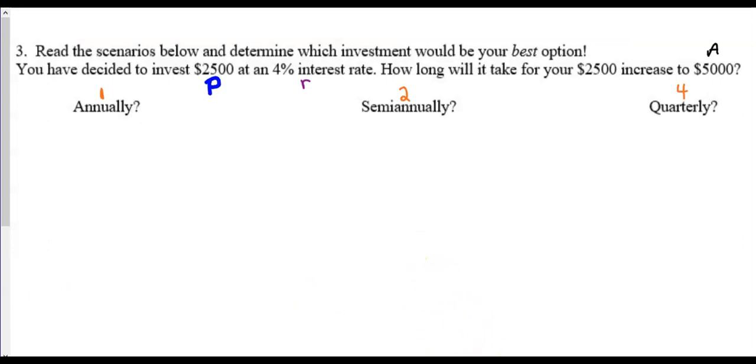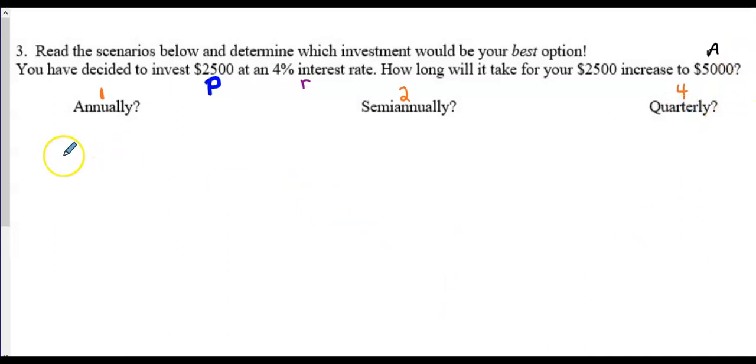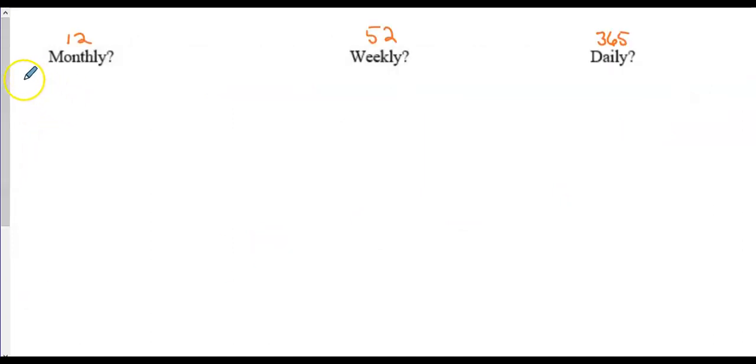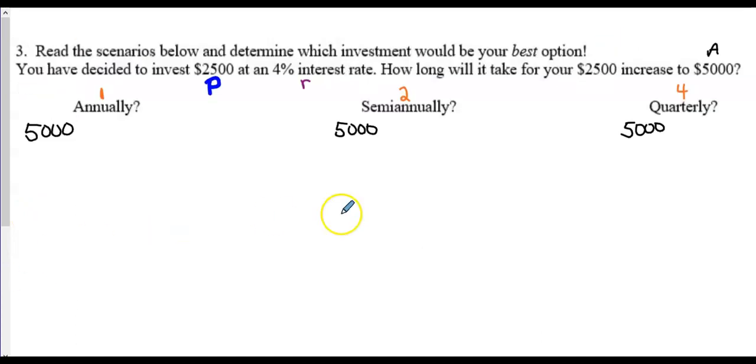So let's think about this. Every single one of these is going to have 5,000 as the original amount. So I'm just going to go ahead and fill in 5,000 for all of them. It still is 5,000 even though it's continuously, and the other numbers are going to be a little bit different.